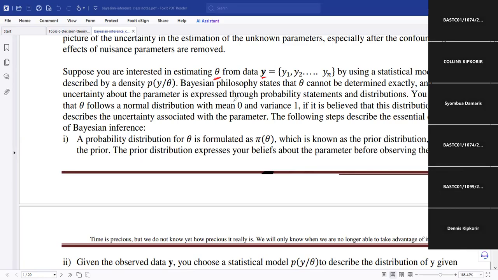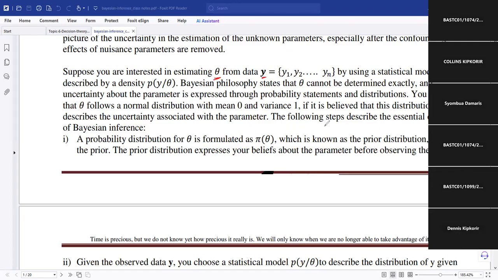Bayesian philosophy is supposed to say that theta cannot be determined exactly, and uncertainty about the parameter is expressed through probability statements and distributions. So you can say that theta is going to be following a normal distribution with mean 0 and variance 1, if it is believed that this distribution best describes the uncertainty associated with the parameter that we have here. So therefore, we need to have some prior probability so that you'll be able to estimate the parameters of the new density that you're coming up with.